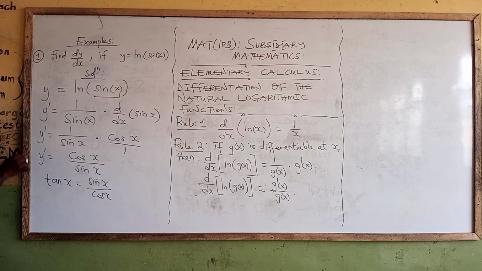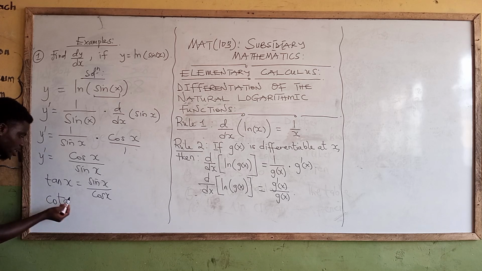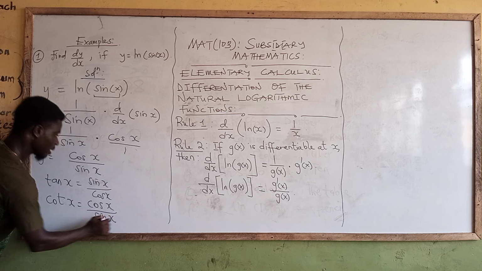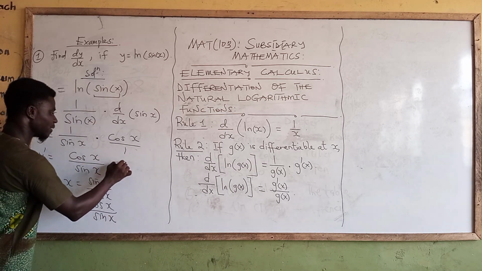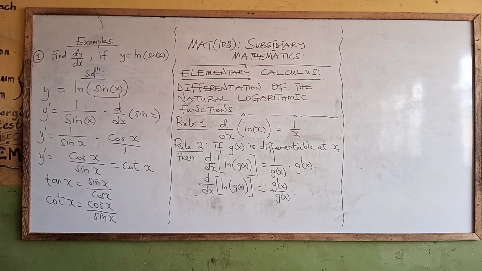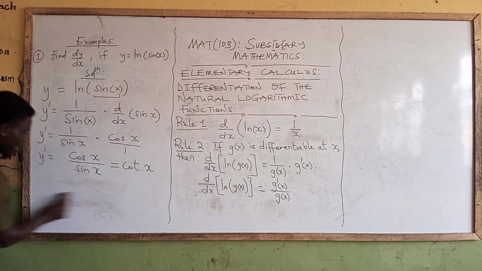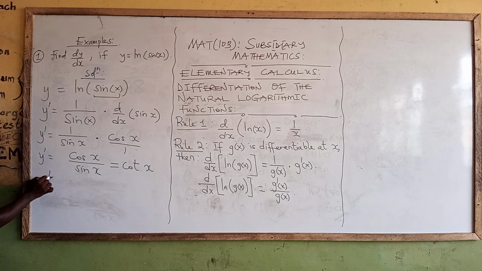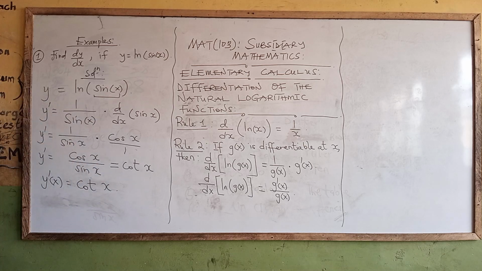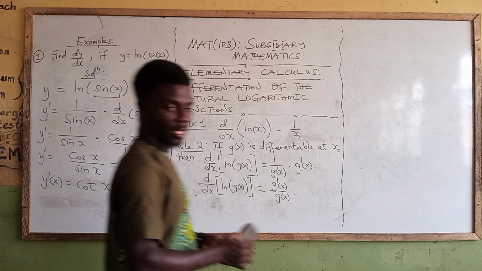That is the complementary of tan x, and the complementary of tan x is cot x. So cot x is cos x over sine x. I can say that this is the same thing as cot x. Therefore our y prime of x is equal to cot x. Very, very simple.